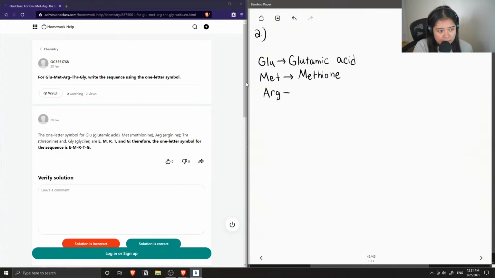ARG is arginine. And this THR is threonine. And finally, GLY is just glycine.